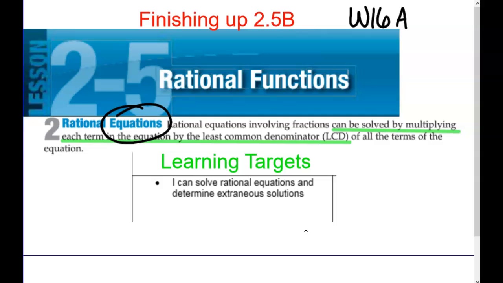What we are going to do is multiply through by the least common denominator to get rid of all the denominators, okay? There will be possible extraneous solutions today. Normally when we had extraneous solutions, we had to put the answers back in to check them.